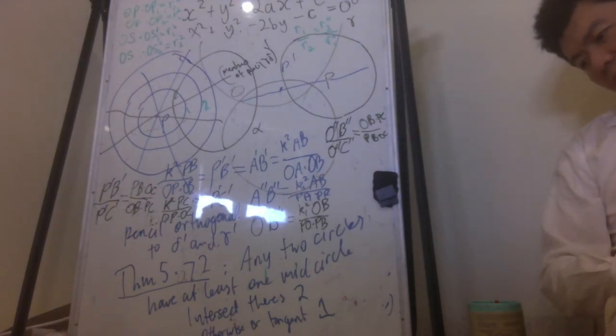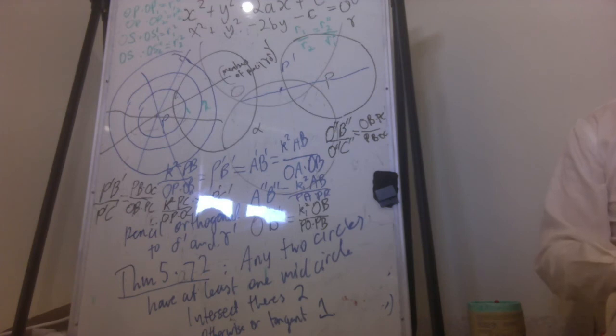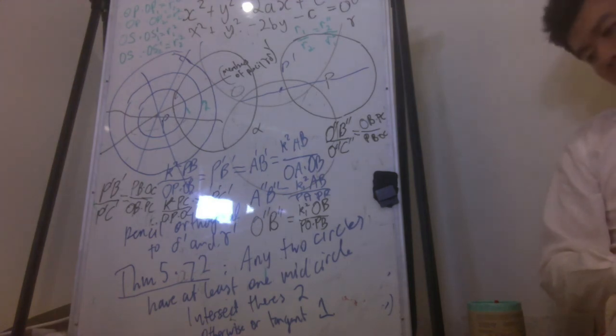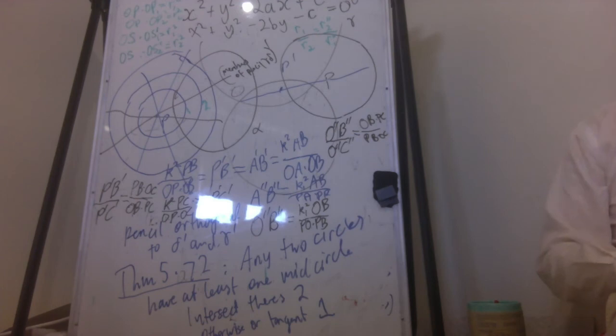If alpha and omega are any two distinct circles, the inverse of alpha in omega belongs to the pencil alpha omega. The inverse of omega. Okay, so the inverse of omega is orthogonal.